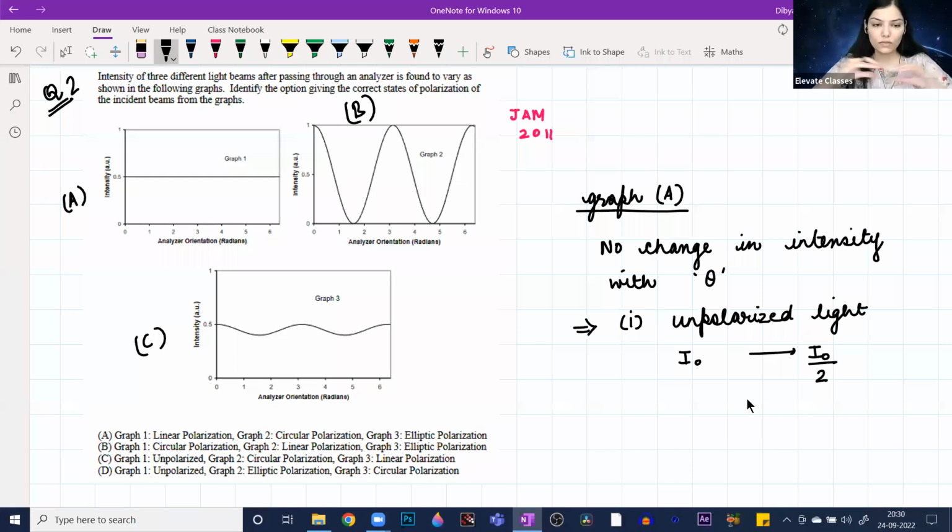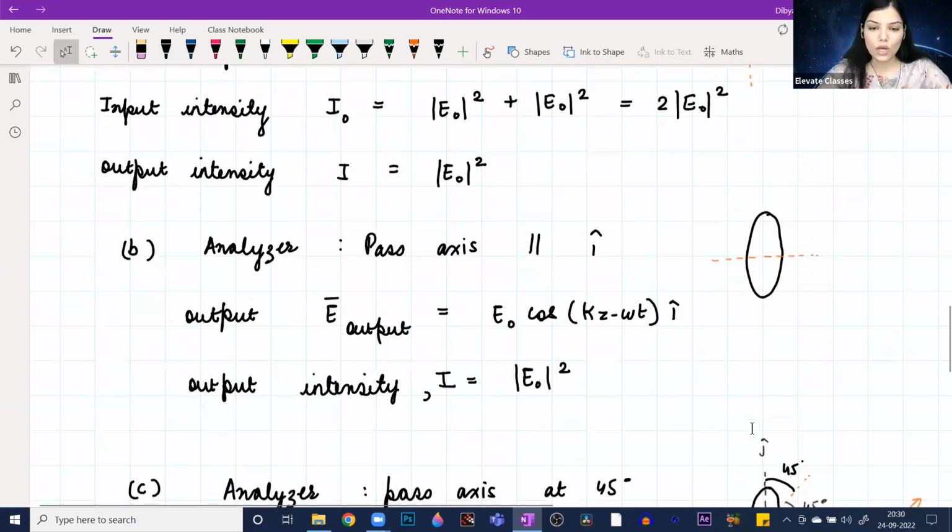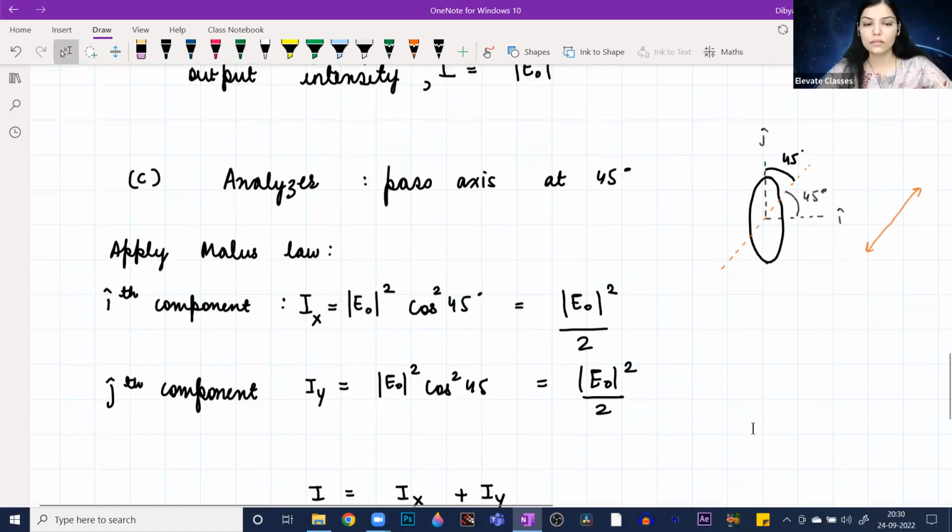So one component is bigger than the other component. So when I analyze the light in the same way as we just analyzed the circular one, I'll find that the component will slightly go through a maxima and minima.